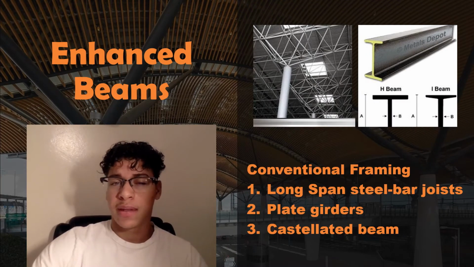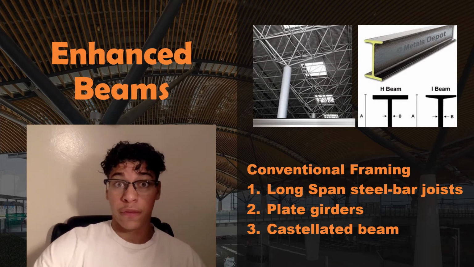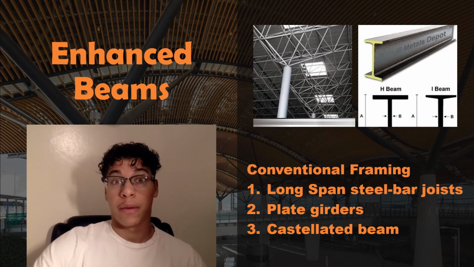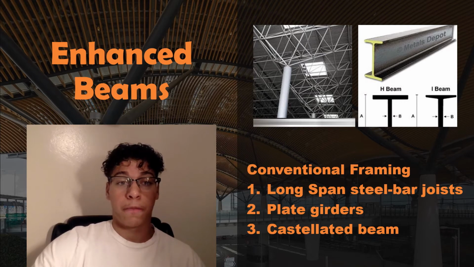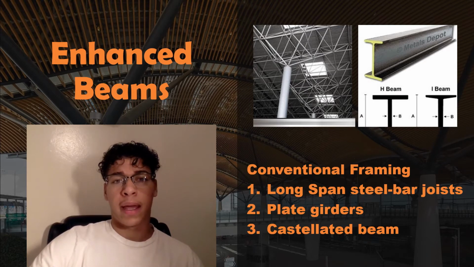The beams without the enhancement are basically the horizontal members that just support the weight of a given floor, ceiling, or roof of a building. And now the enhanced beams basically come with the conventional framing that just stretches the beams using long span steel bar joists, plate girders, and castellated beams.